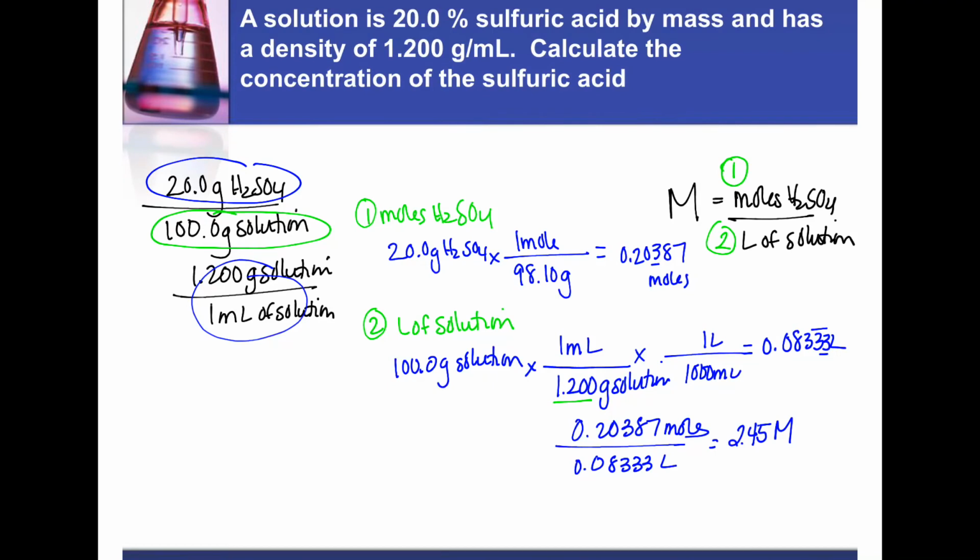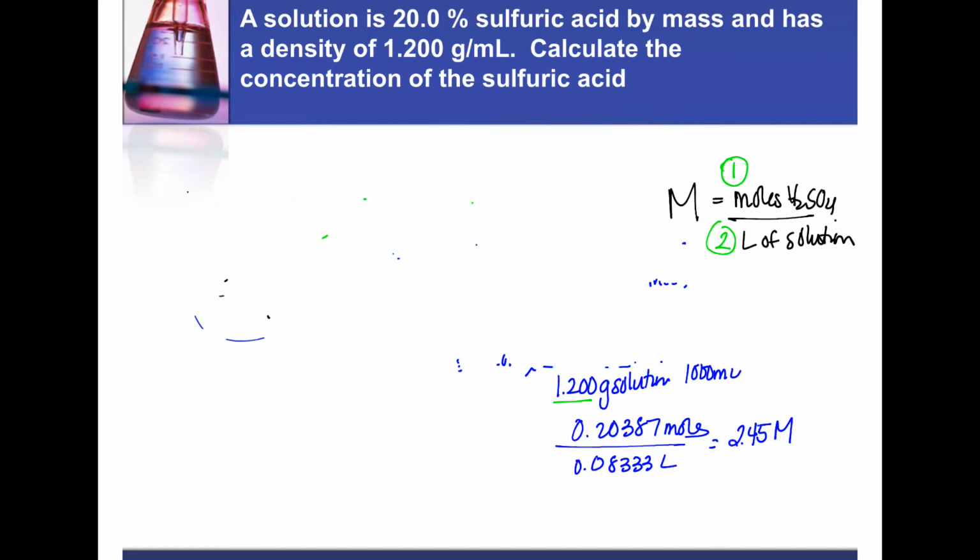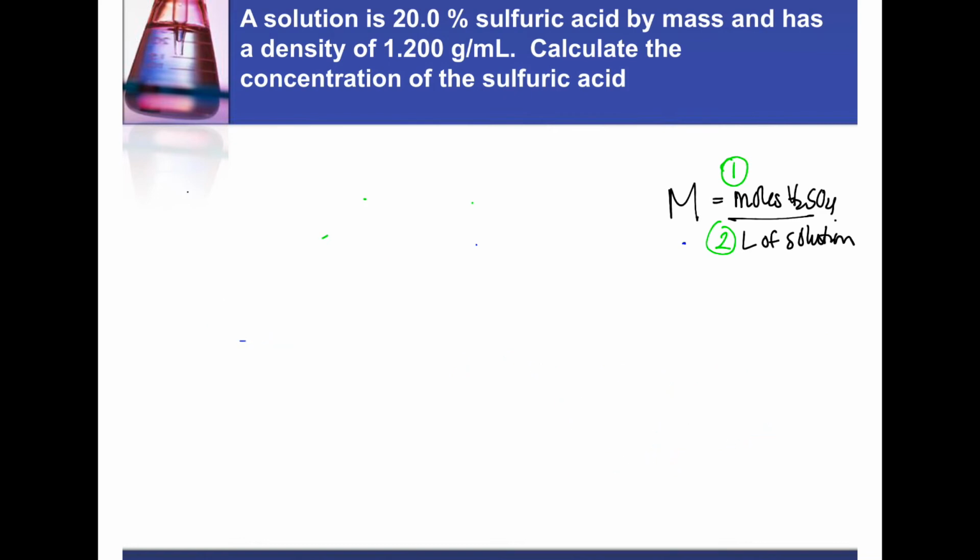Now I also said that I would show you how to do that in one step, so I thought I'd do that here. Doing it in one step isn't necessarily any easier, other than it's kind of nice to get all the units to cancel out all at once.